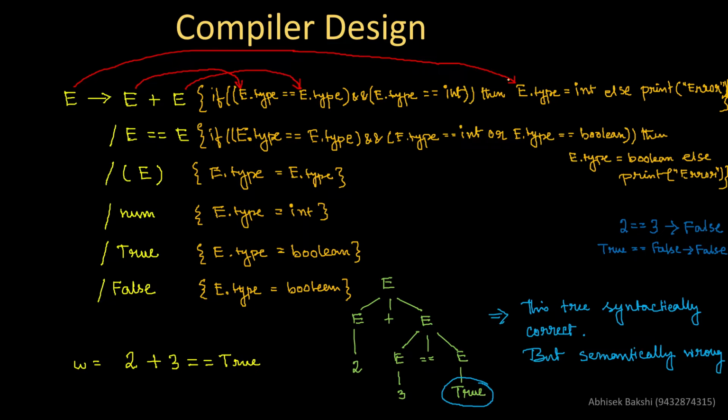You can also write in the then part that e.val equal to e.val plus e.val. Here val is another attribute present in the same node E. So I have defined two different attributes because I need to store two different pieces of information: one for the type of the variable and another for the value of the variable.